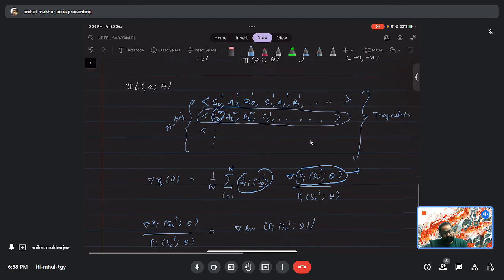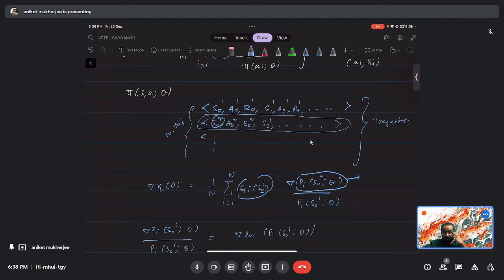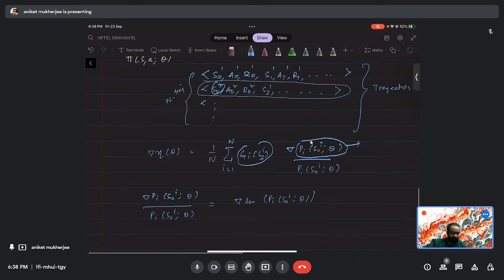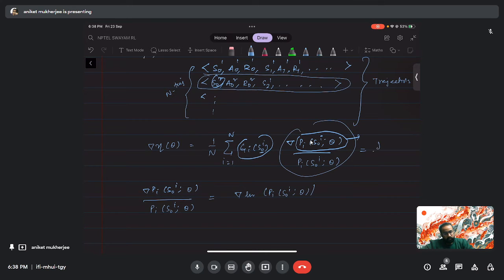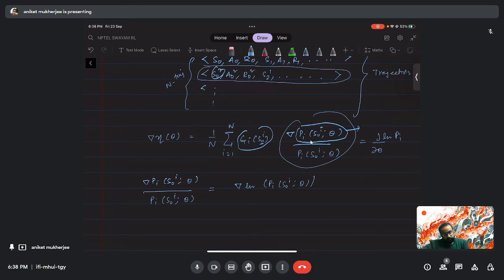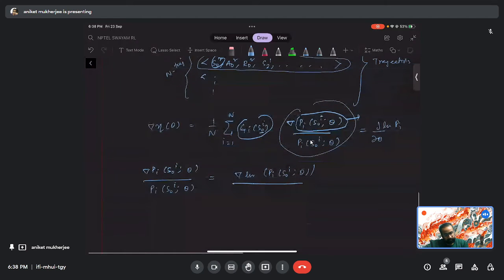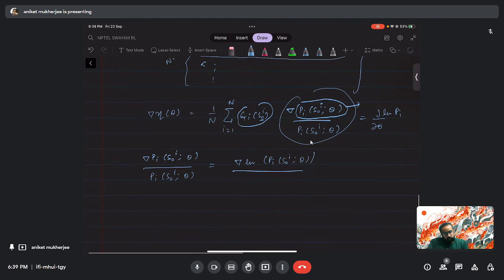I think you would remember this better from REINFORCE, because there we had dou by dou theta of log of the probability. So this uses the grad log trick.